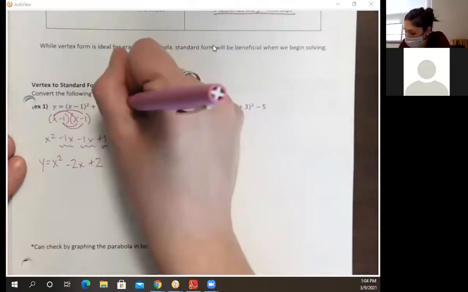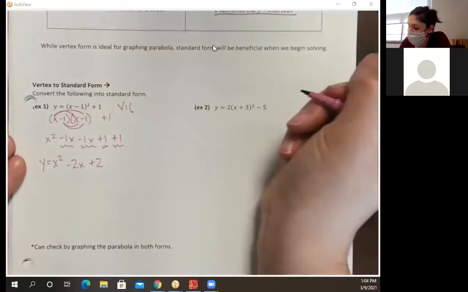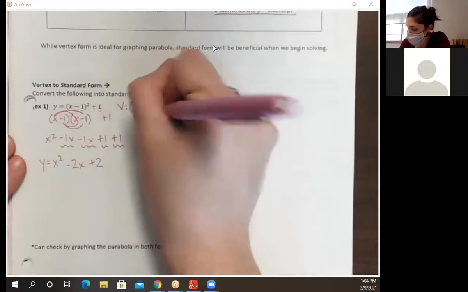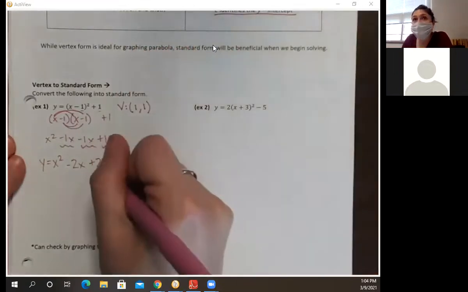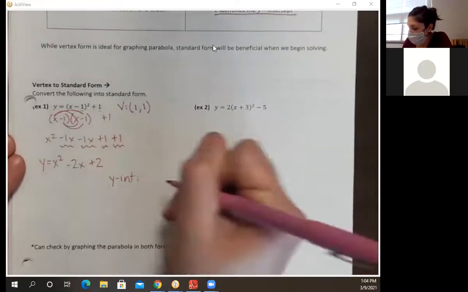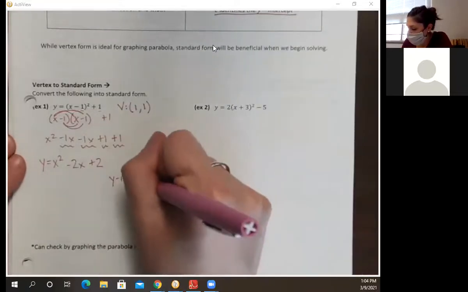From vertex form, I know that the vertex of my parabola should be (1, 1). From standard form, I know that the y-intercept of my parabola should be 2.